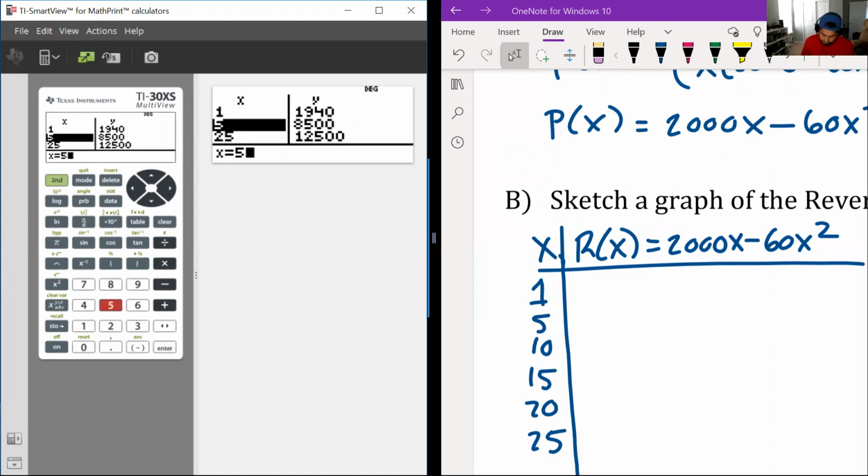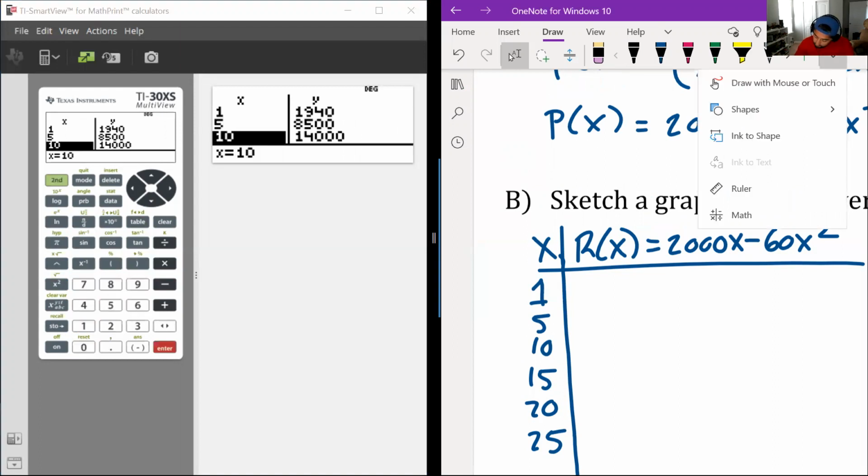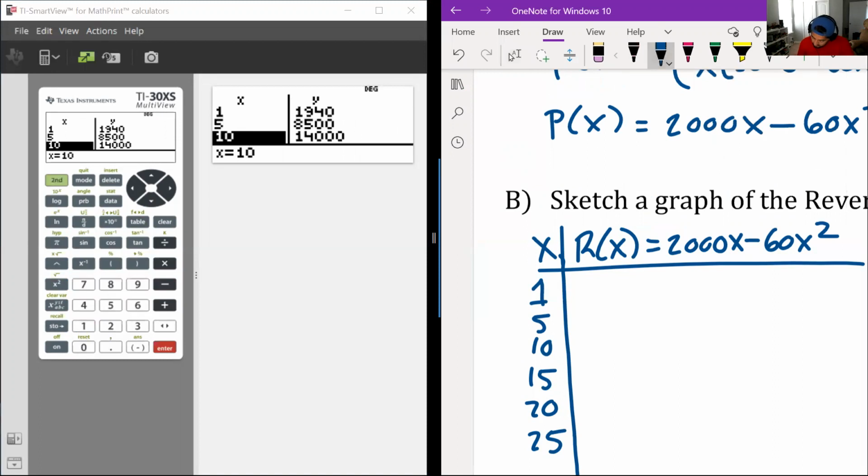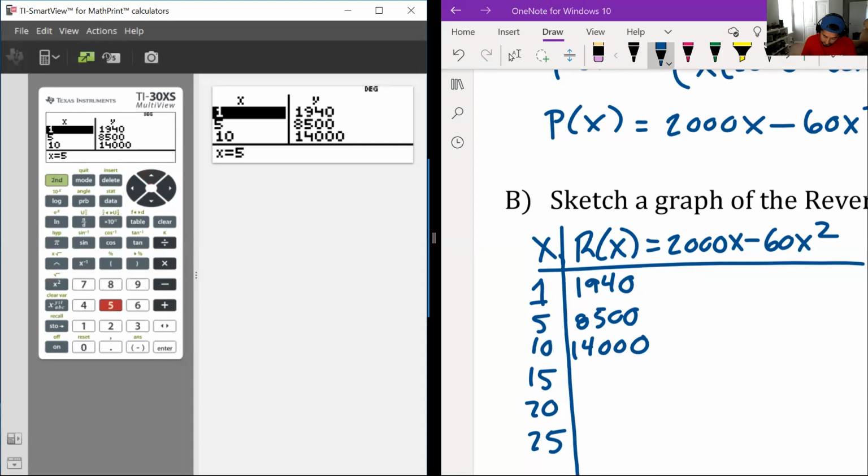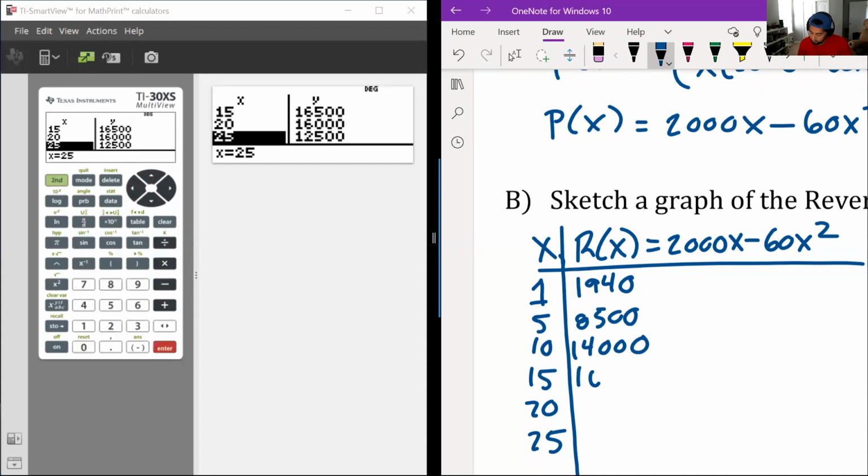Got 1, 5, 10. $1,940, 8,500, 14,000, and then 15, 20, 25. 16,500, 16,000, 12,500.